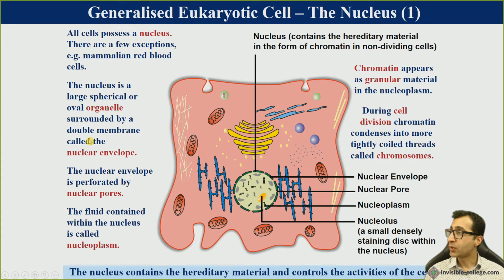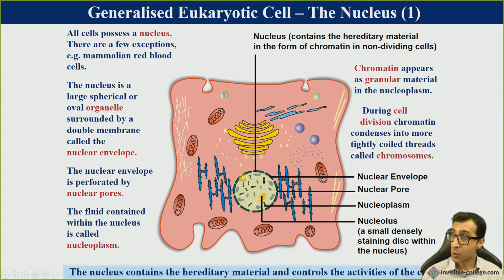If we're looking at the nucleus, all eukaryotic cells possess in general a nucleus, although there are a few exceptions such as mammalian red blood cells. The nucleus is a rather large organelle, characterized by having a double membrane, a double envelope, which has pores in it.